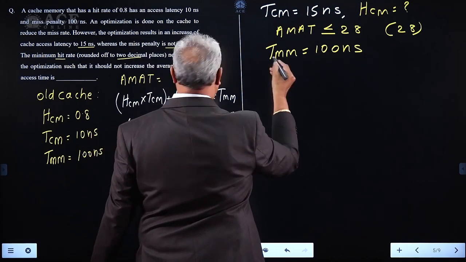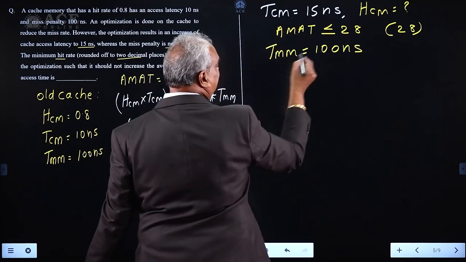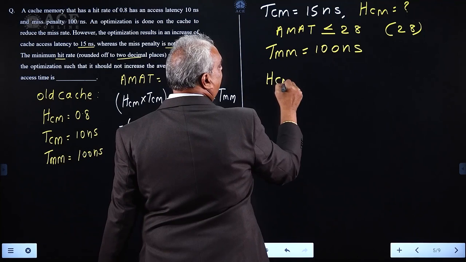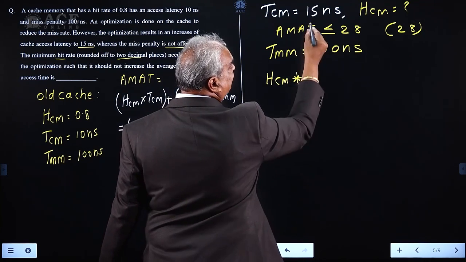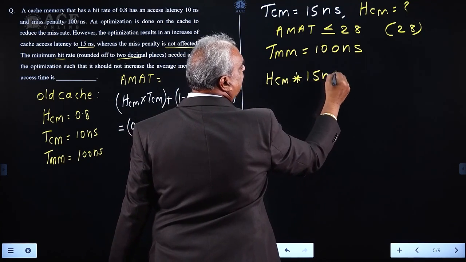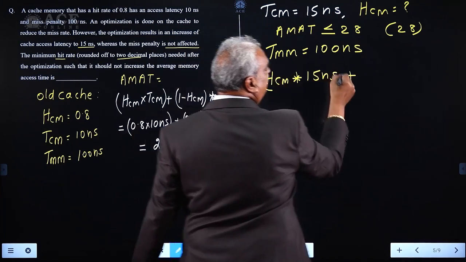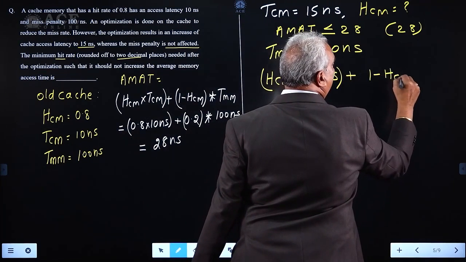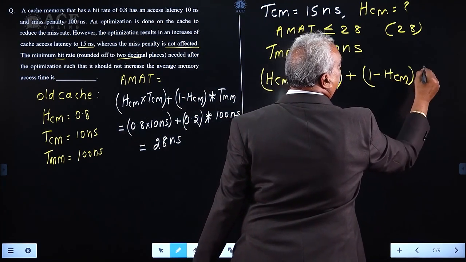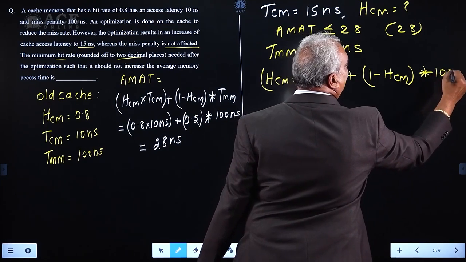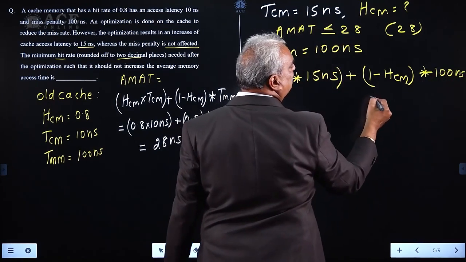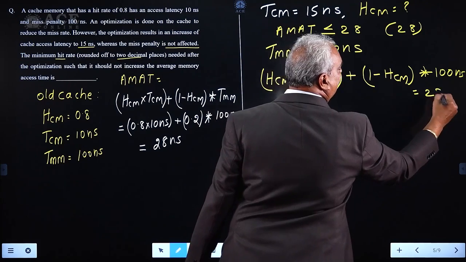Expression is the same expression: HCM into TCM 15 nanosecond plus 1 minus HCM into TMM 100 nanosecond. Its maximum value is equal to 28. That's why you should take 28 here.